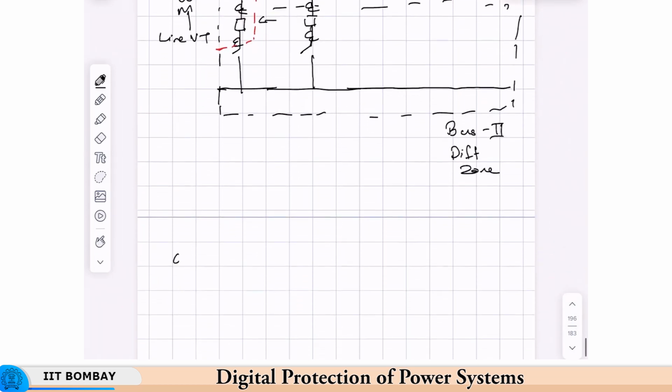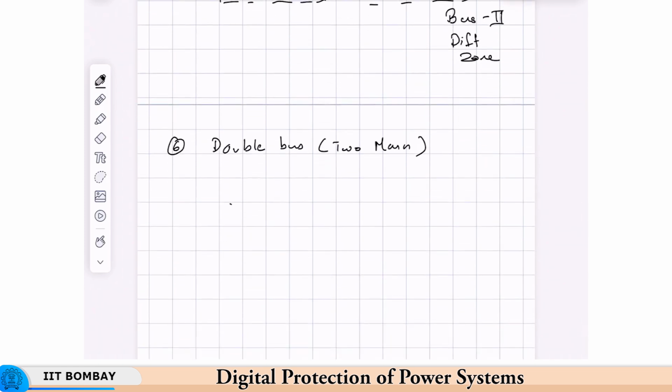So, there are 2 more schemes which I will just quickly mention before we discuss the final scheme, the ring bus. Before that there is one scheme which is double bus, or 2 main as it is also known. I will make just a quick drawing for simplicity's sake.